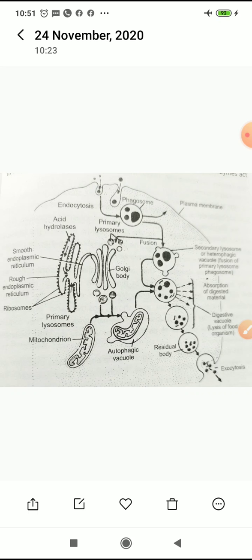Lysosomes contain substances having molecular weight higher than 200 Daltons, and such substances do not diffuse out through the membrane. That's why such digestive enzymes do not come out of the membrane of lysosome.